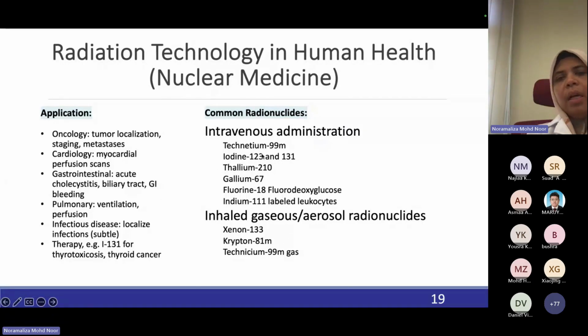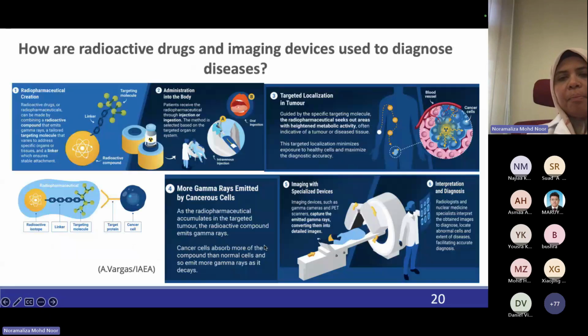There are 2 methods to deliver the nuclide into the patient's body: either by injection or intravenous administration, usually using technetium-99m, or by inhaling gases like krypton-81m.